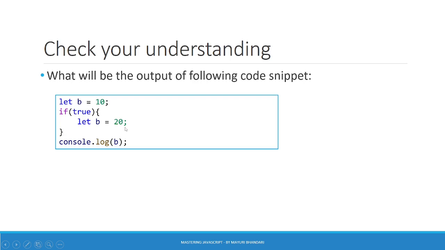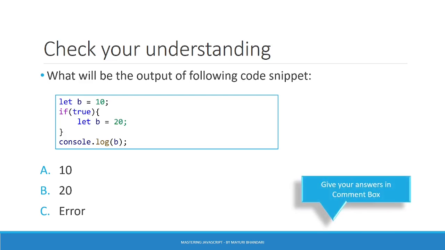Inside the if we are again redefining the variable, and outside the if we are trying to print the same variable b. What should be the output? Option A is 10, option B is 20 and option C is error. Please drop your answers in the comment box.